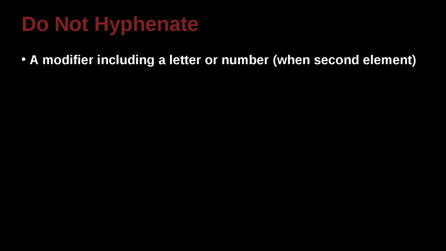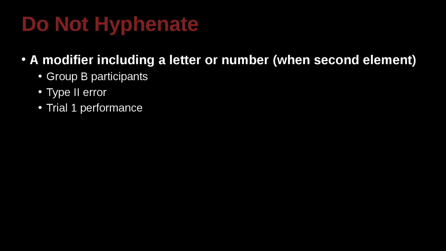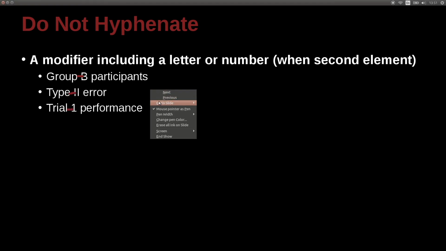Do not use a hyphen if the modifier includes a letter or number, such as Group B participants, Type 2 errors, Type 1 performance. You might be tempted to put a hyphen in here, like right there, or right here, or right here, but you do not hyphenate these, and they're very commonly used.